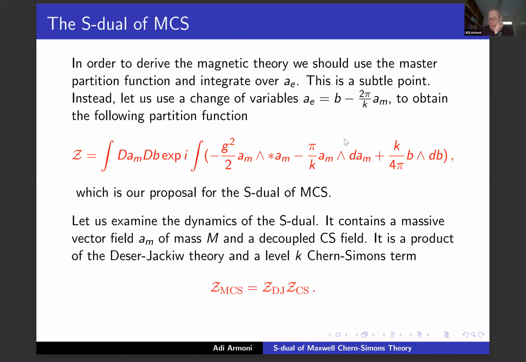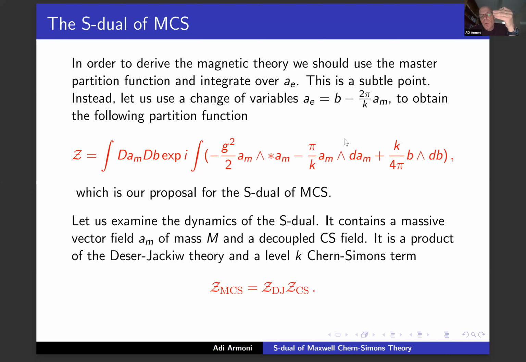So that's the claim, that's the S-duality claim. And now let's see whether it makes sense. So as I said, let's see what the dynamics of this theory is. One thing that we see is that it's a theory of a massive vector. That was also already shown by Deser and Jackiw.